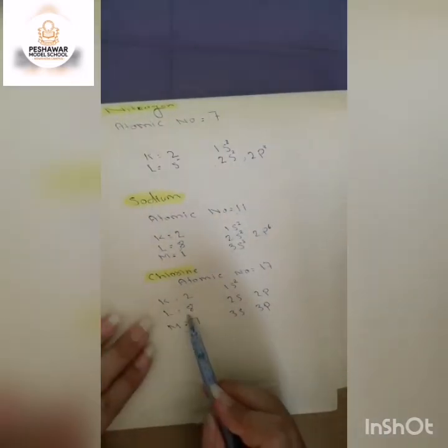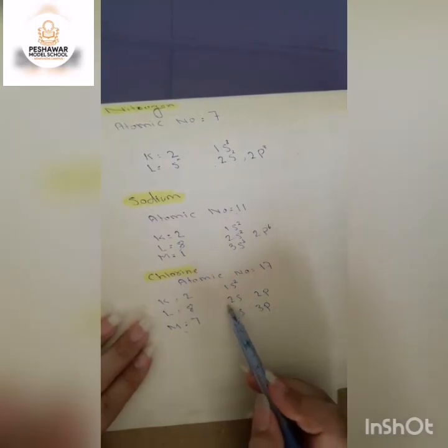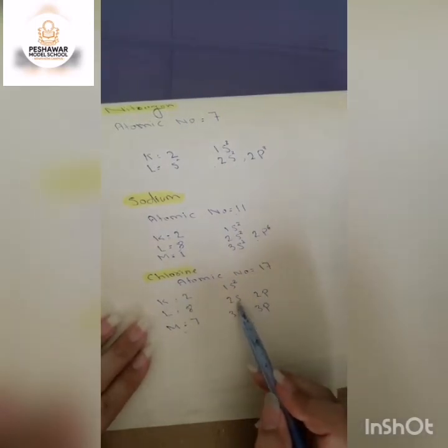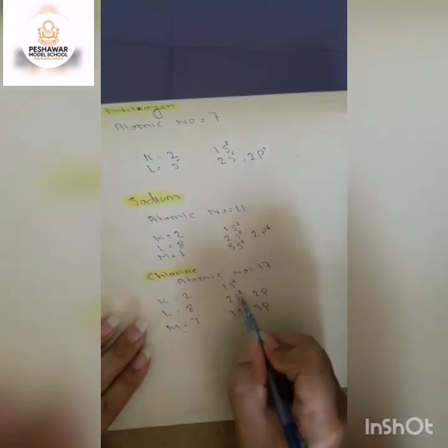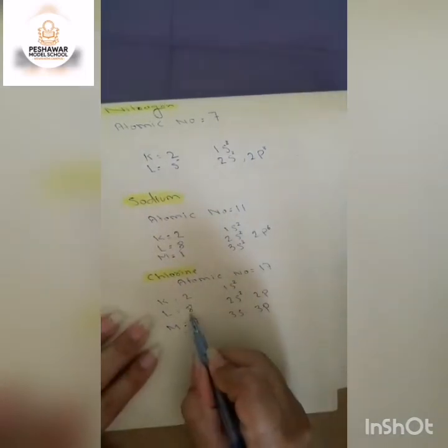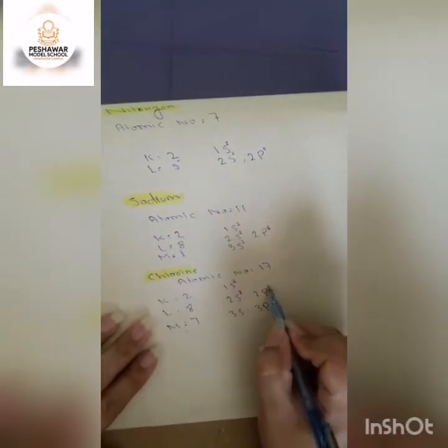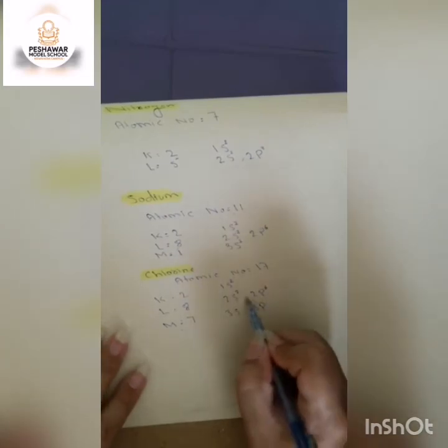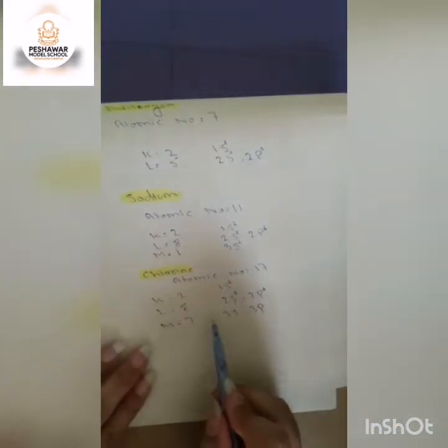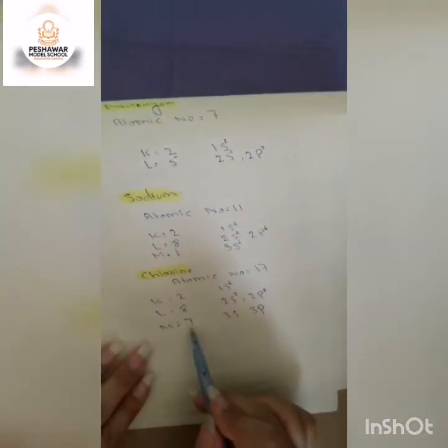Now the second shell is L. L has 2 subshells, 2s and 2p. The maximum capacity of s is 2, so it will accommodate 2 electrons. How many electrons are left? Now 6 electrons are left in the second shell. They will move toward the 2p, and p will occupy a maximum of 6 electrons. Now 7 electrons are left, and these 7 electrons are present in the third shell.